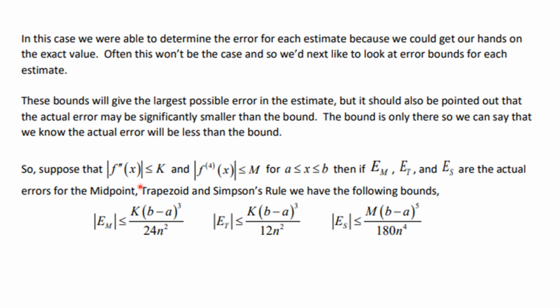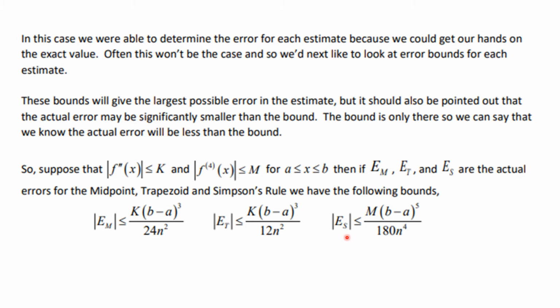It is k, the maximum value of the second derivative, times (b minus a) cubed, divided by 24n squared. So as n gets bigger, this can shrink to 0. Actually, now that I look at it, the midpoint rule is a factor of 2 better. It is 24, not 12, excuse me.